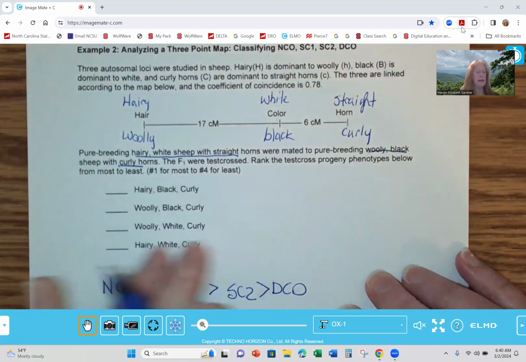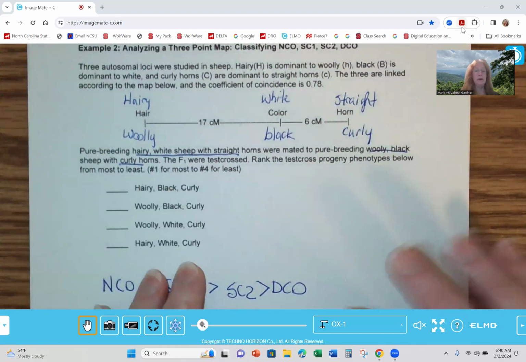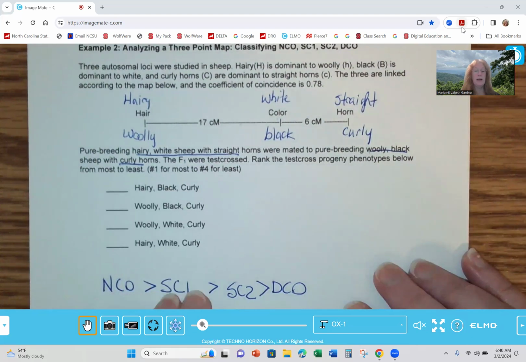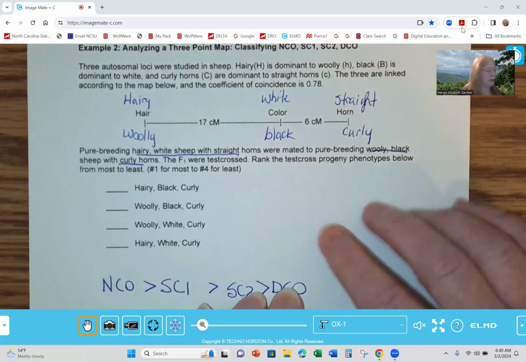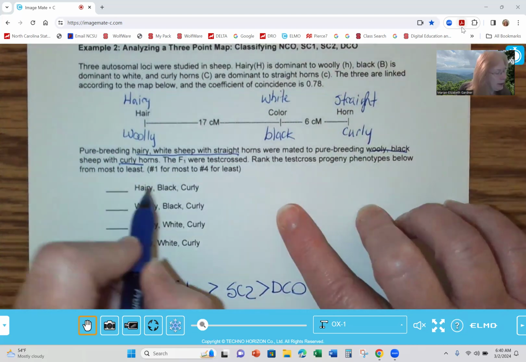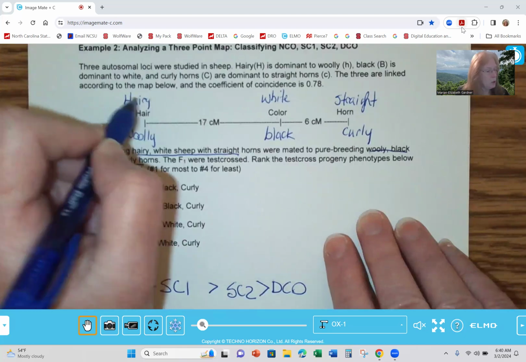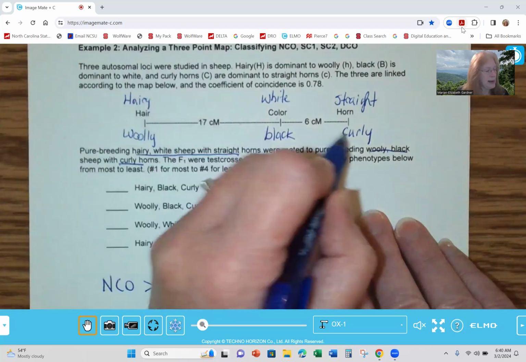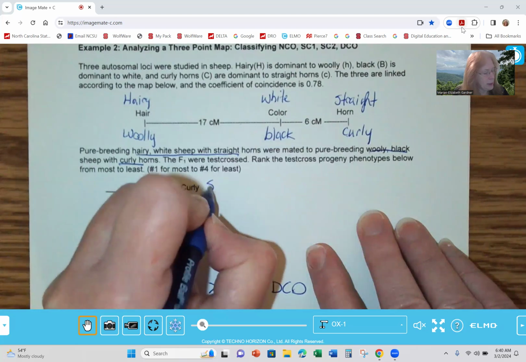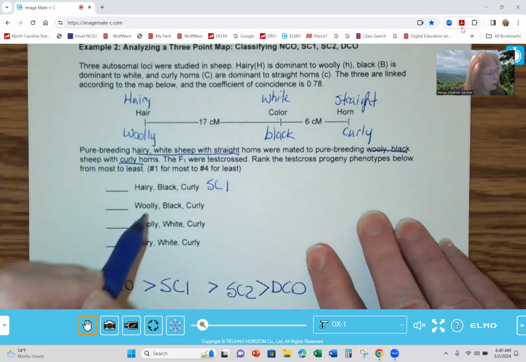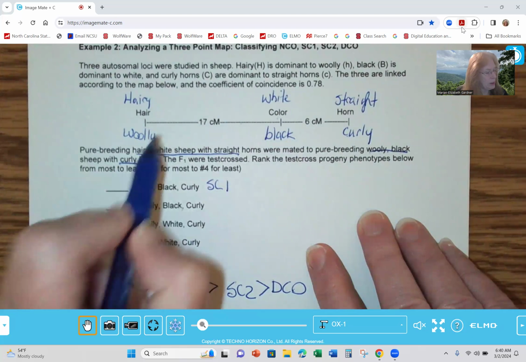Now let's classify each of these types based on whether they are a non-crossover, SC1, SC2, or double, and then we can rank them 1 through 4. Hairy, black, curly. Hairy, start at the top, cross here for black, stay down for curly. That's an SC1. Woolly, black, curly.